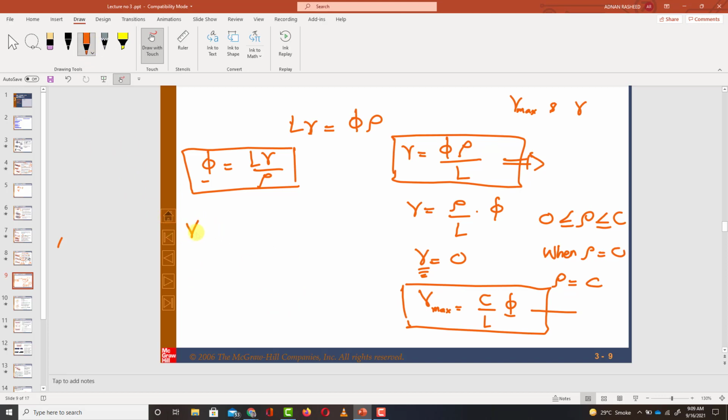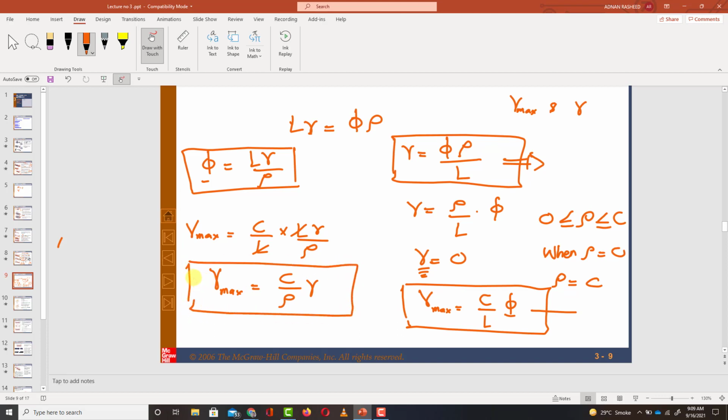Gamma max is equal to C over L, and phi is L into gamma over rho. So L and L will cancel. So maximum shear strain will be equal to C over rho into gamma. This is the relationship between the maximum shear strain and the shear strain.